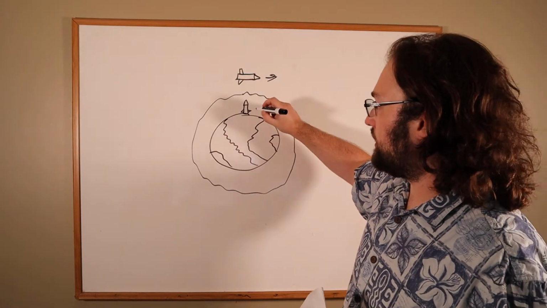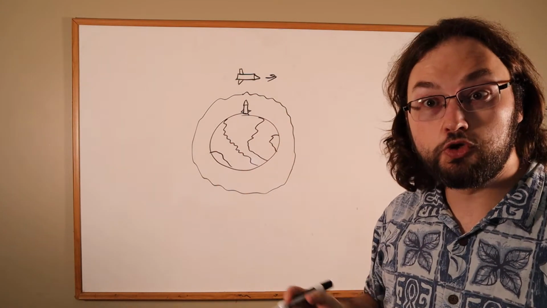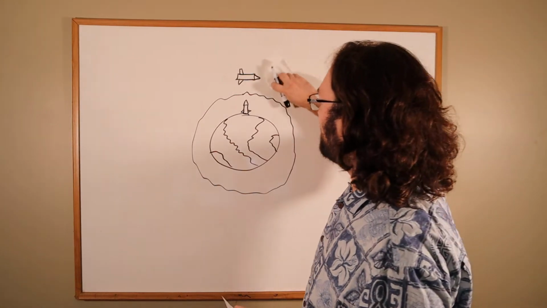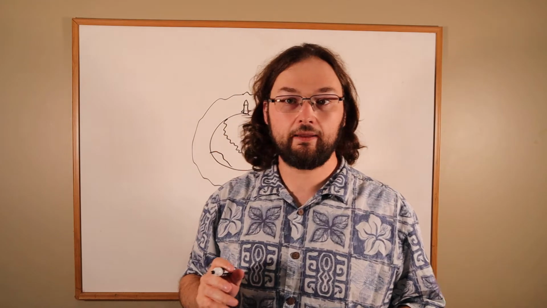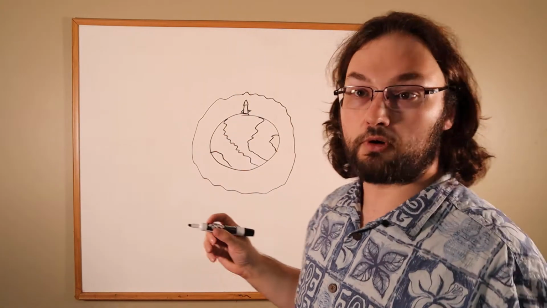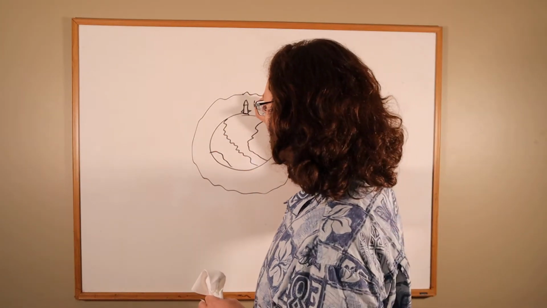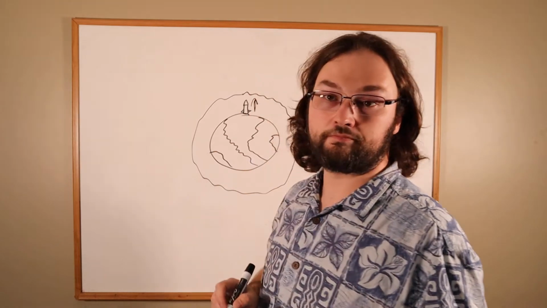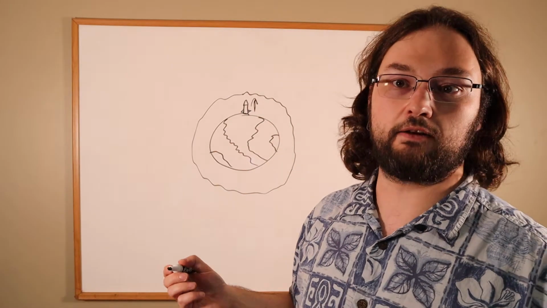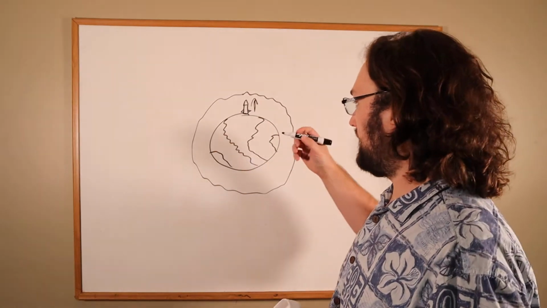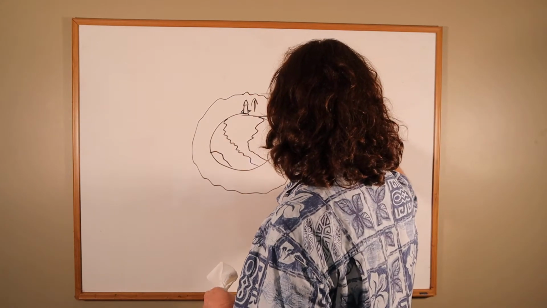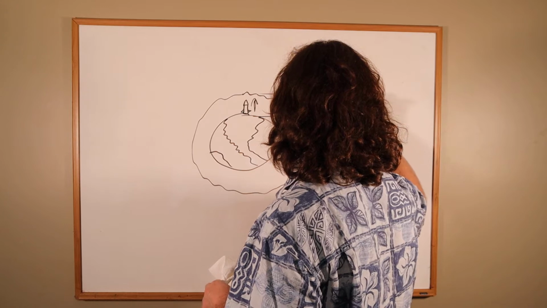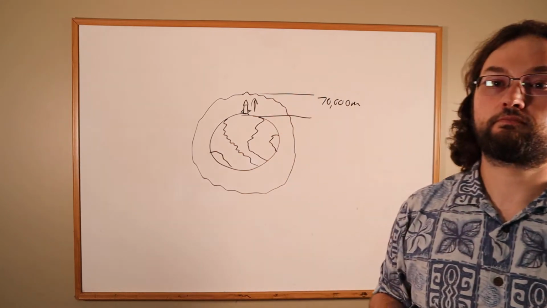So in order to get the rocket from being on the ground into space, we have to do two things. And if we were going to launch a rocket in the simplest possible way, we would do these two things in order. The first thing is we need to launch the rocket up. We need to get it up high enough that it's out of the atmosphere. In Kerbal Space Program, the height of the atmosphere is 70 kilometers.